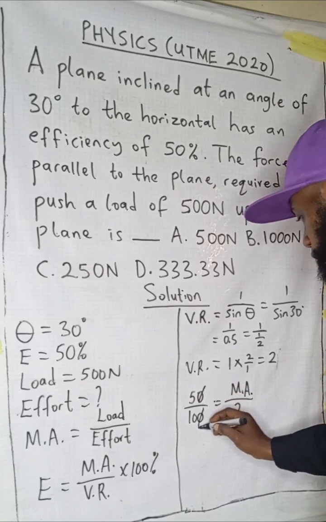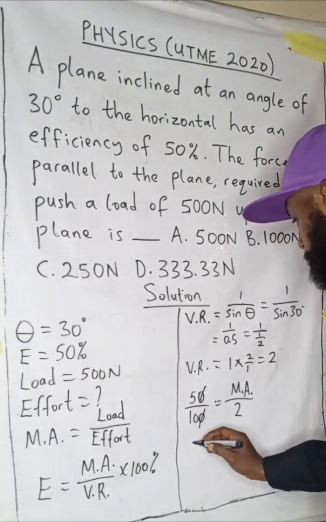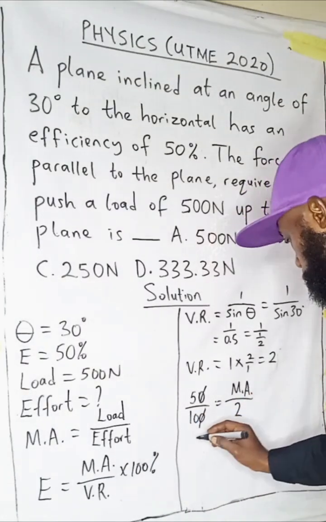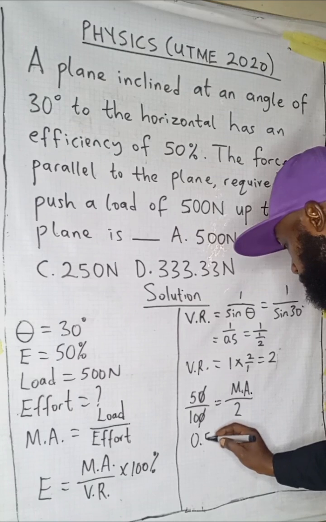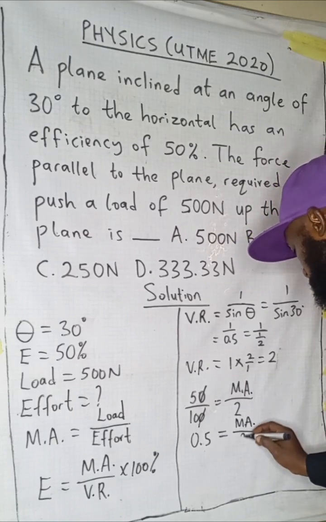So what do we do here? We can divide this, so we have 0.5, or we can multiply this way, anyhow you want it. So 0.5 is mechanical advantage over 2.